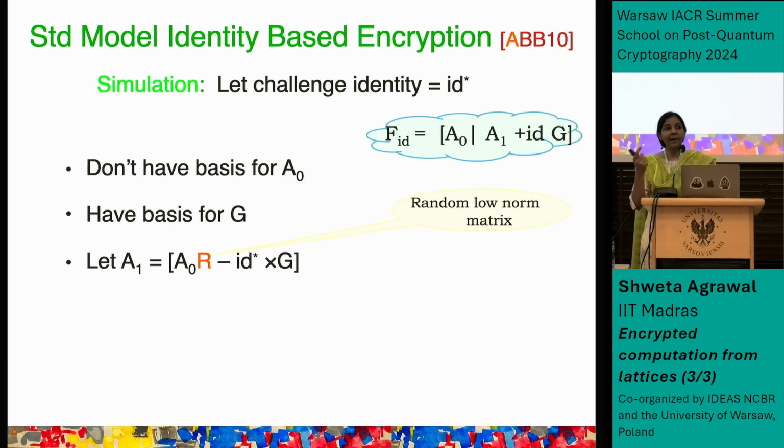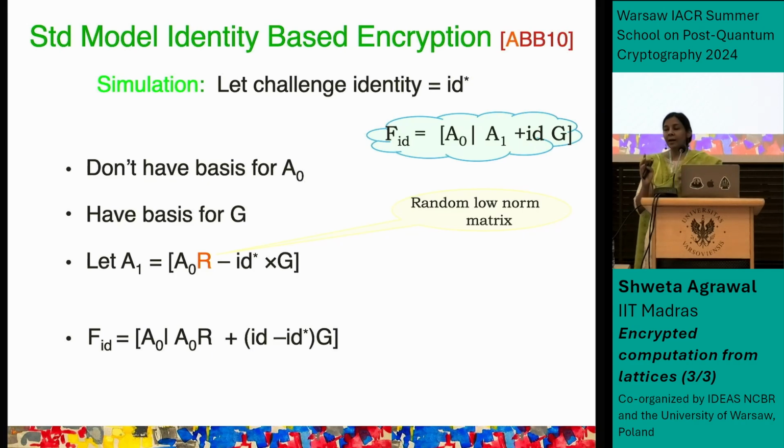I'm embedding my challenge ID star into my public parameters by choosing my A1 in this special way, and then having chosen A1 in this way, I'm merely observing that FID becomes this. So my identity dependent matrix, which I'm using for my encryption, starts looking like this.